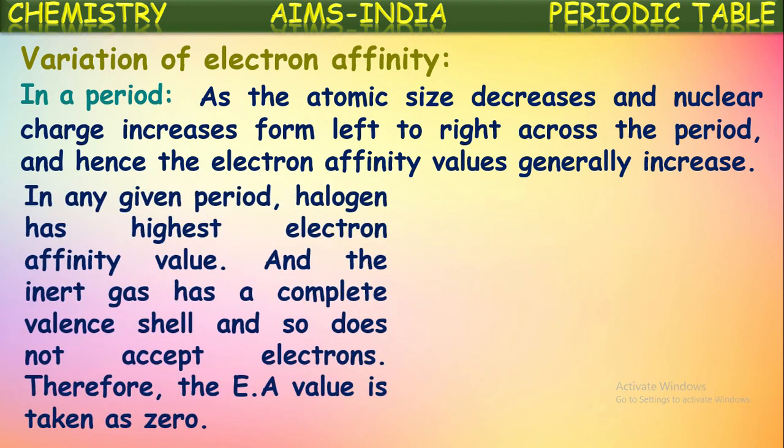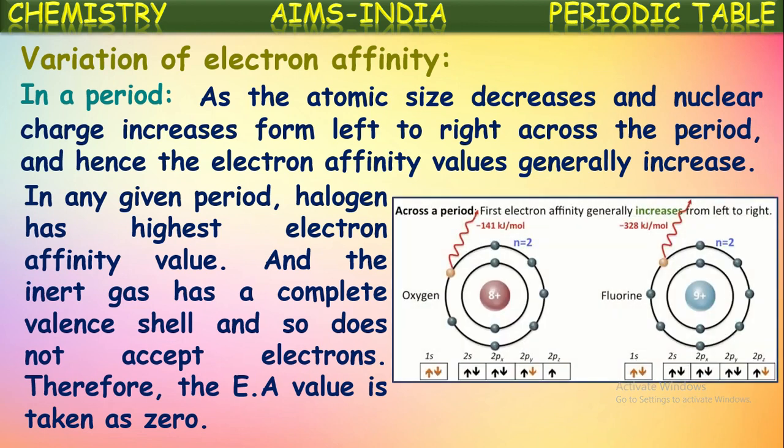In any given period, halogen has the highest electron affinity value, and the inert gas has a complete valence shell and so does not accept electrons. Therefore, we say electron affinity for noble gases is considered as 0. So in a period electron affinity increases from left to right because size is decreasing. That means from alkali metals to halogens, from the first column to the 17th column, electron affinity gradually increases.